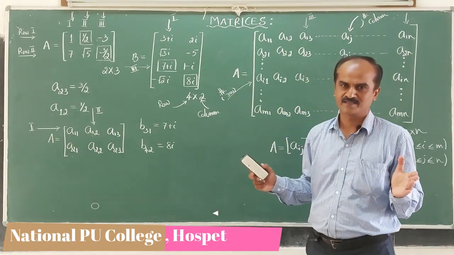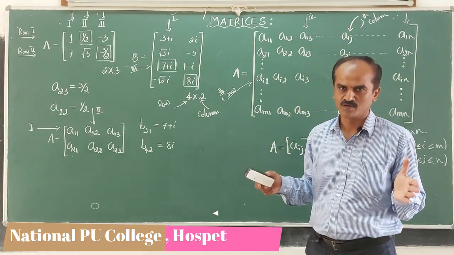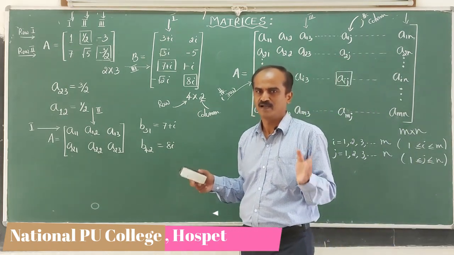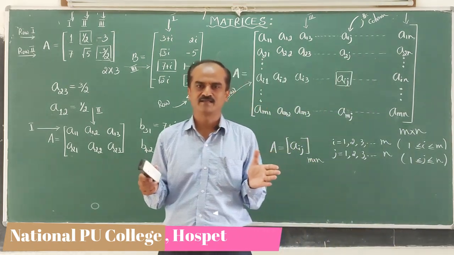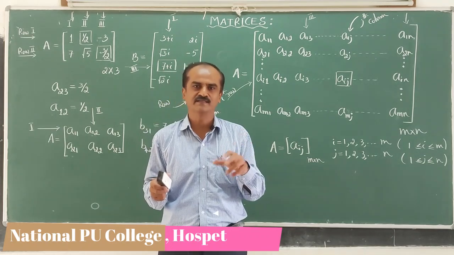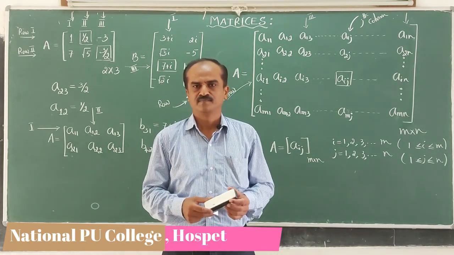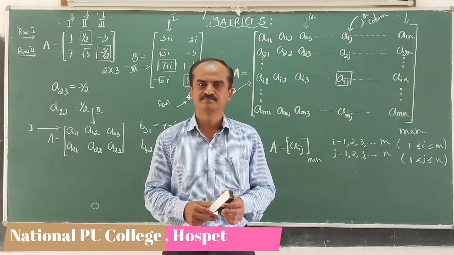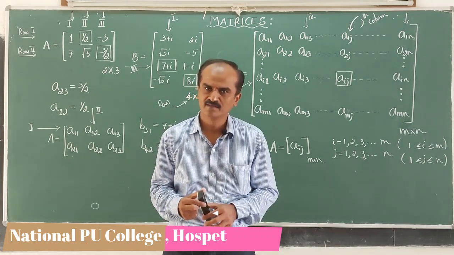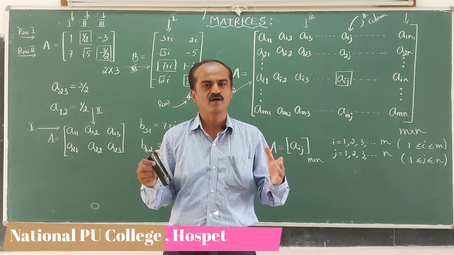What is a matrix? What is the order of the matrix? And how we can locate each element uniquely with respect to its position. Now let us take a situation where they are given the order of the matrix.